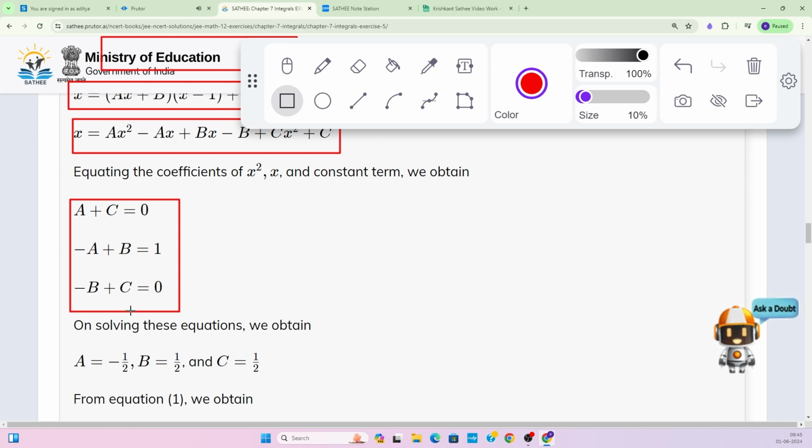This means c value will be half. If you know c value, this means a will be minus half. If you know a value, this means b is just nothing but equal to c. Okay, I hope it is clear.